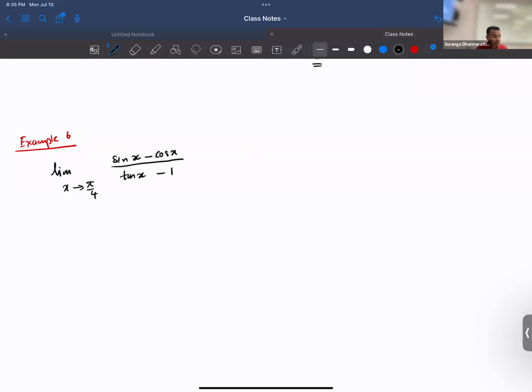Now, what is the problem? When you substitute pi over 4, what would happen? What is sine pi over 4? Sine pi over 4 is 1 over square root of 2.